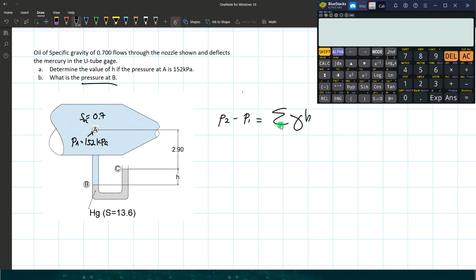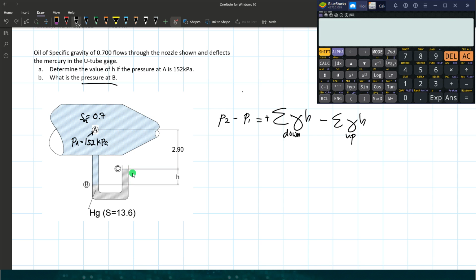We have a sign convention: a positive sign for downward direction, and a negative sign for the sum of the product of unit weight and H for upward. So it depends on the direction of our reference point for the starting point of measuring the manometer, or measuring the pressure difference in the nozzle.